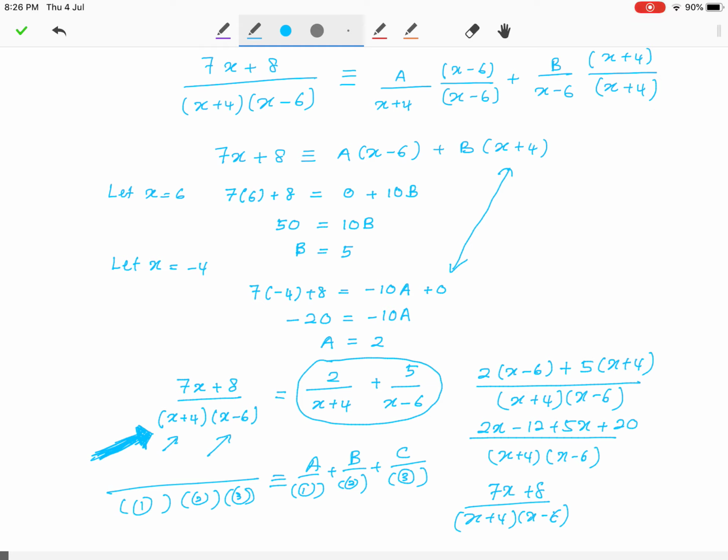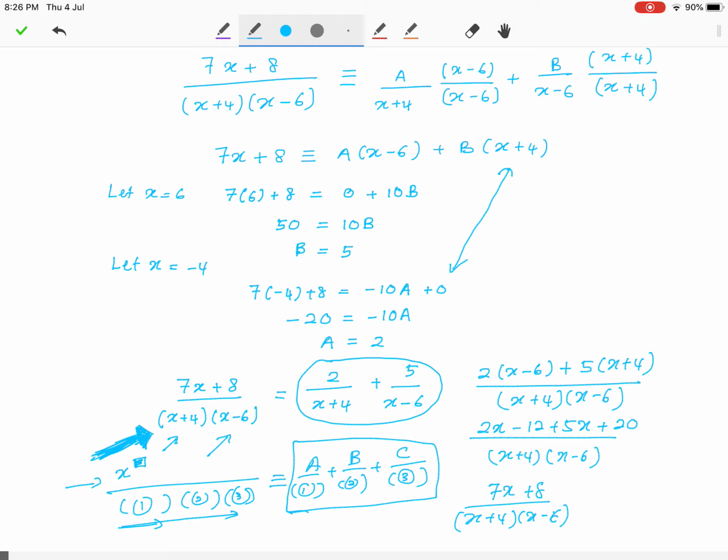So that's how it works for linear factors in the denominator, provided the highest power of x on the top is less than that of the whole bracket combination if you expand. So just make sure it is a proper algebraic fraction with linear factors in the denominator, then you can express it like that.